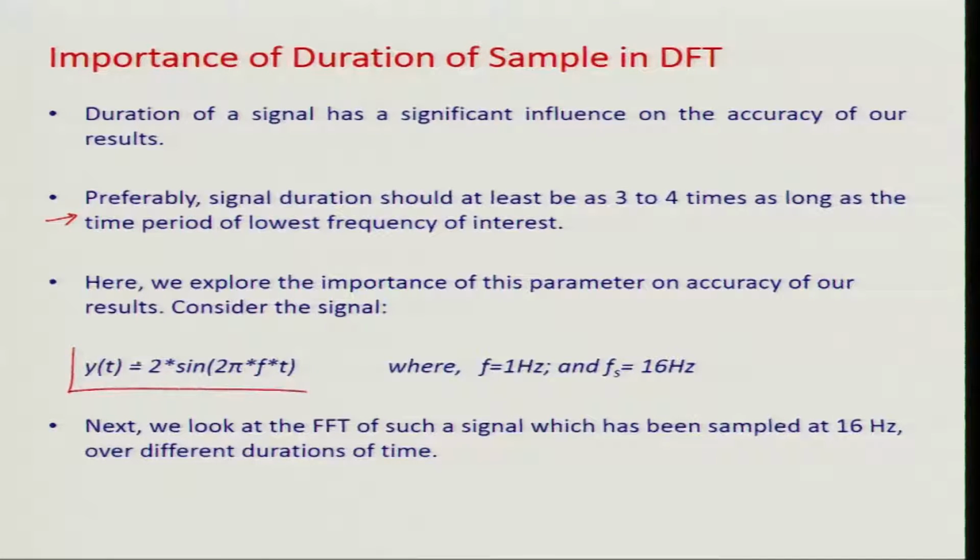So, let us consider the signal y is equal to 2 sin 2 pi f t, and let us say that initially we just consider the case f is equal to 1 hertz. What is the time period when f is equal to 1 hertz? 1 second.